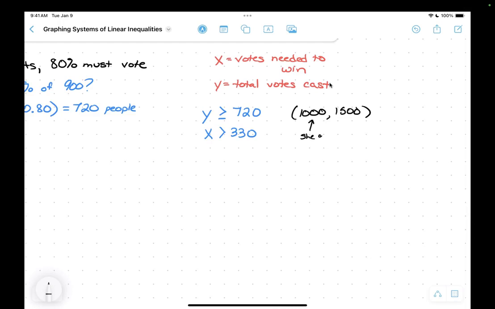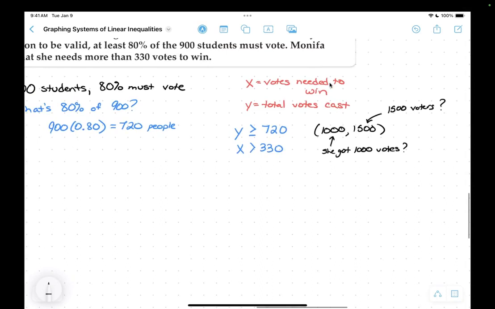So she got 1,000 votes, and Y was the total votes cast, 1,500 voters. How is that possible whenever the problem tells us that there are only 900 people in the school? How could she get 1,000 votes, and how could there be 1,500 voters if there are only 900 people in the school?